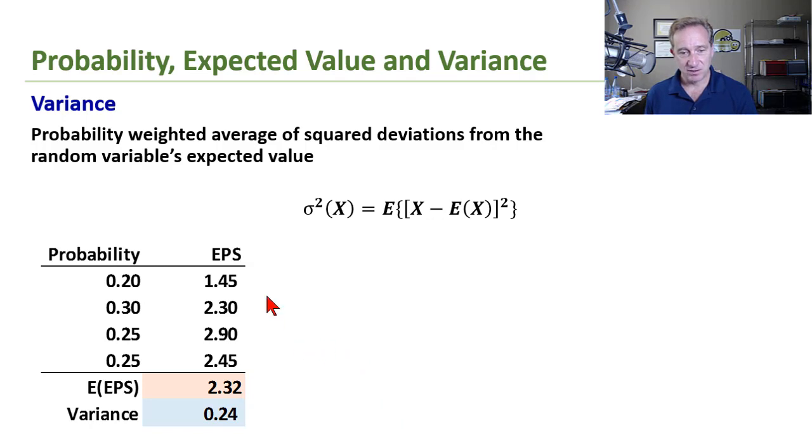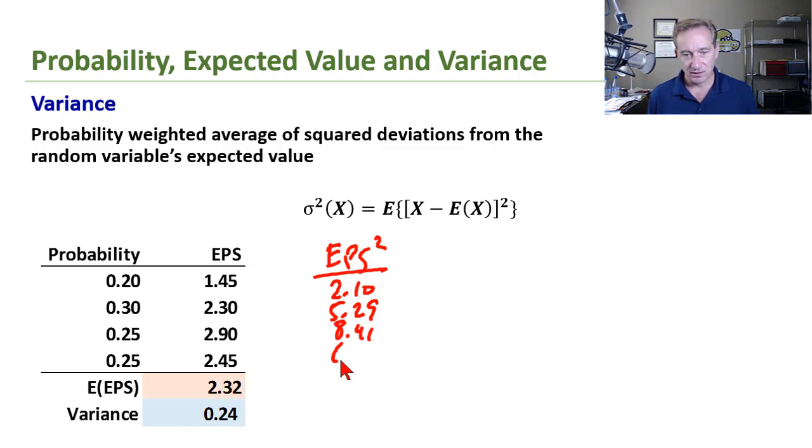Another way to do this, actually my preferred way, let's see if I could do this, is if we take EPS squared, and I'll have to just look at it because I calculated this separately. If I square the EPS here, that's 145 squared, I get 210, 2.3 squared is 529, 2.9 squared is 841, and 2.45 squared is about 6.0.